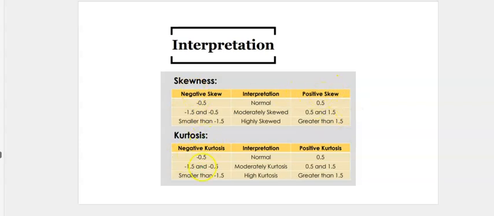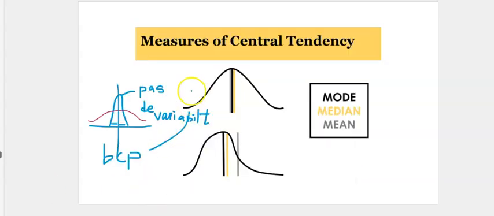And for kurtosis, it is the same rule, with minus 1.5 and 1.5. That is negative kurtosis, and that is positive kurtosis. Negative kurtosis means it's flat, and positive kurtosis means it's very leptokurtic. You can see what a normally distributed graph looks like.